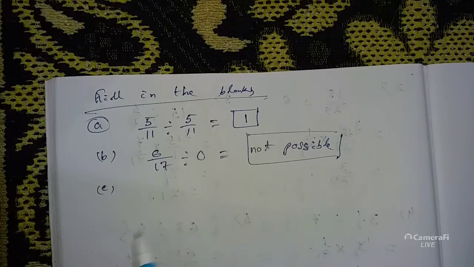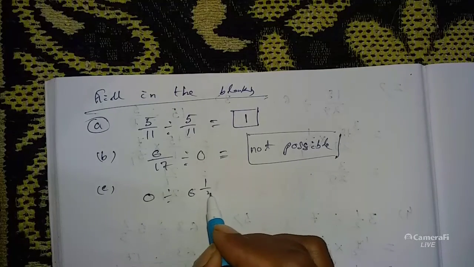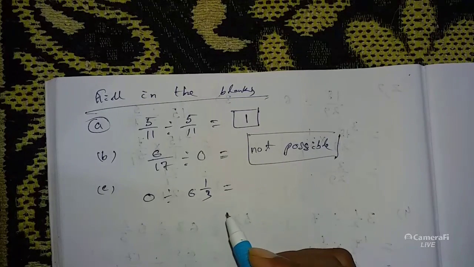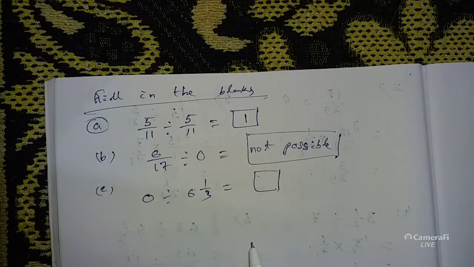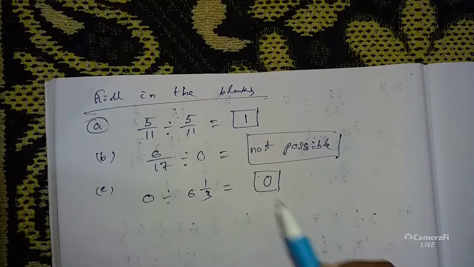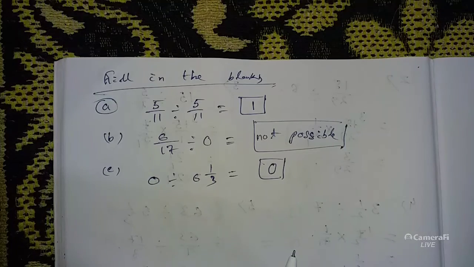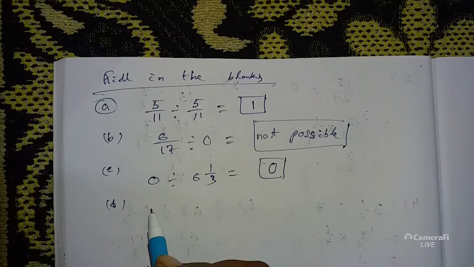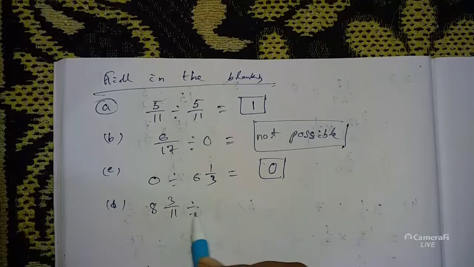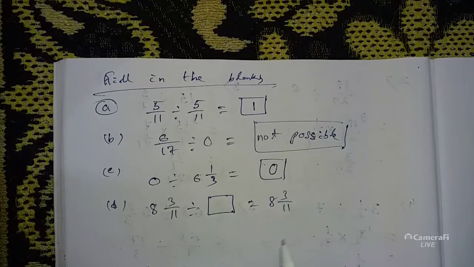Number C, 0 divided by 6 whole 1 by 3, what should be the answer? 0 is divided by any fraction, the result will be 0. Just applying the property we can write the answers. Number D, 8 whole 3 by 11 divided by what number, so that we get again 8 whole 3 by 11?